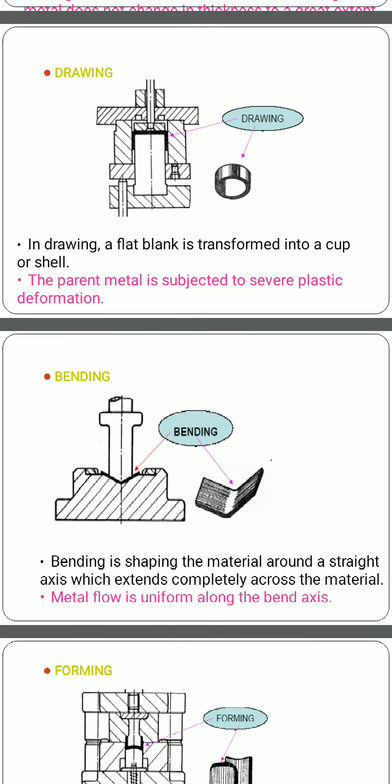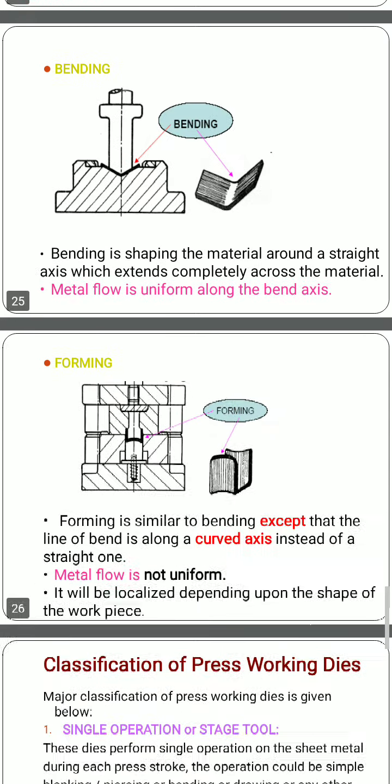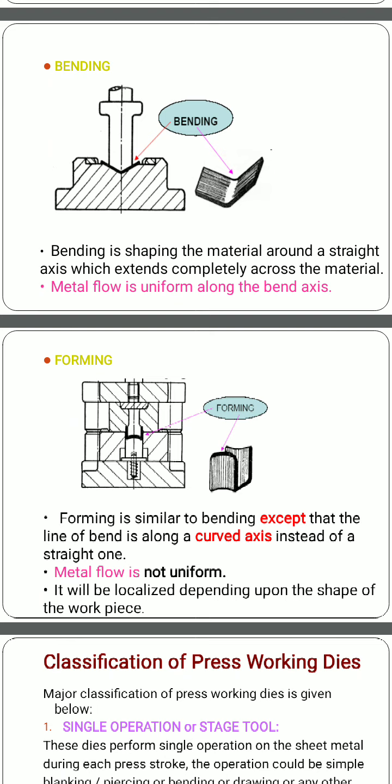Next is bending. Here also the punch is of a shape. In between the die we place a flat sheet metal, and after applying the force it makes the bend on the sheet metal.